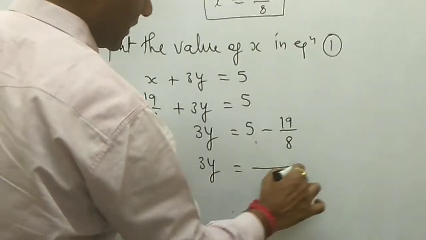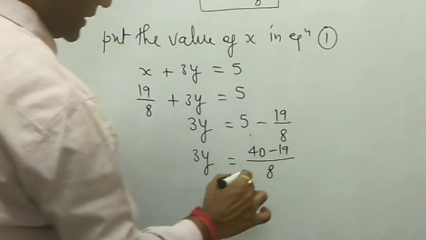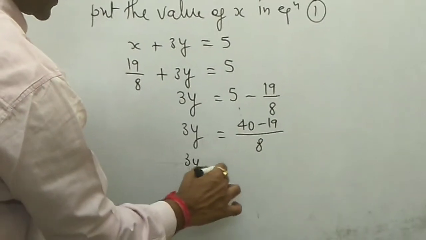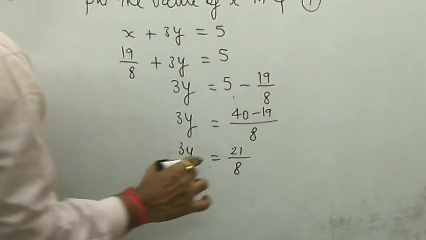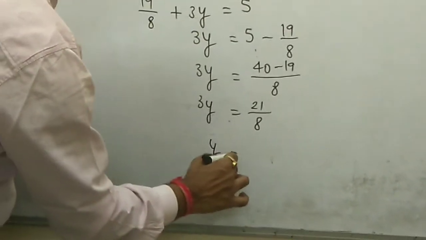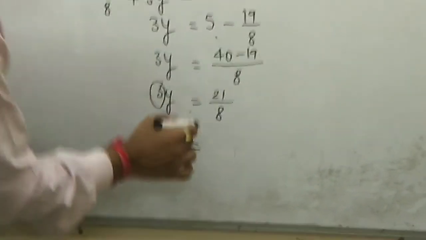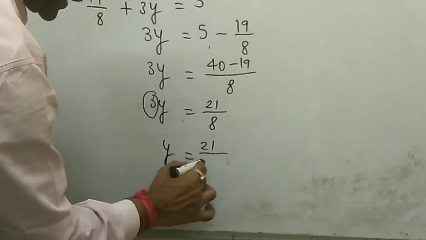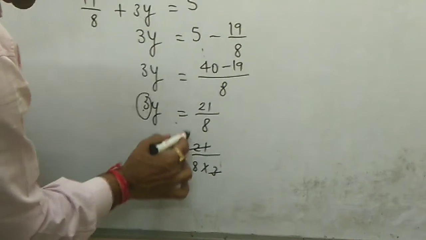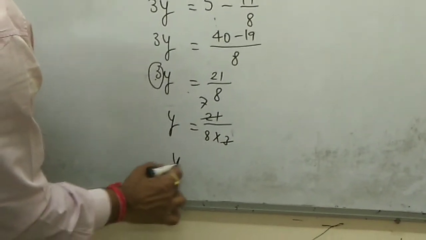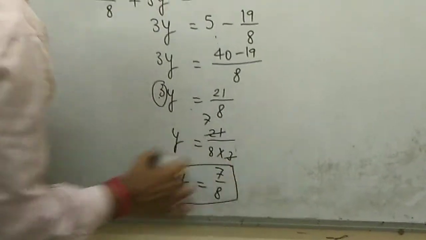Now again here we write down 8, 8 5s are 40, minus 19, so we have like 21 by 8 for 3y, and then y equal to this value, coefficient of y having 3 here, then always this value in the denominator. So 21 upon 8 into 3, because this value here bring down in the denominator, so 3 7s are 21. So now value of y you have 7 by 8. Okay, so you got the value of y and x.